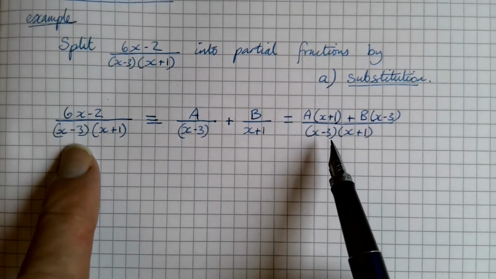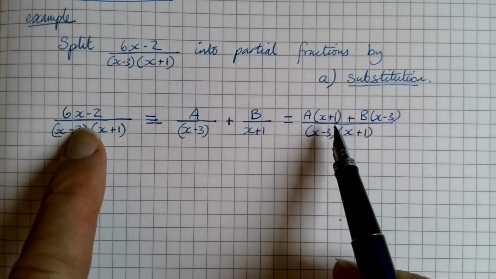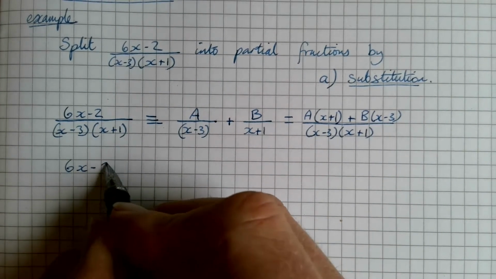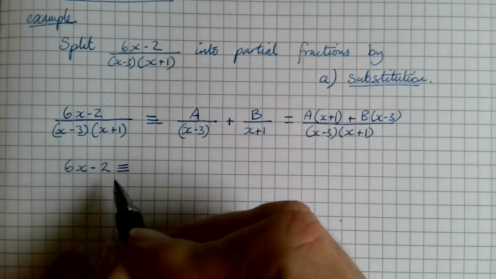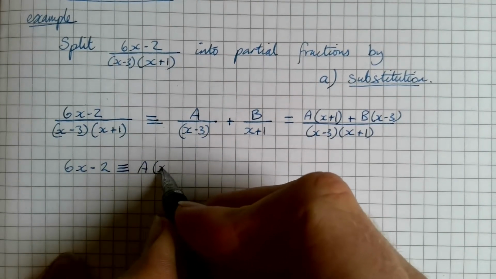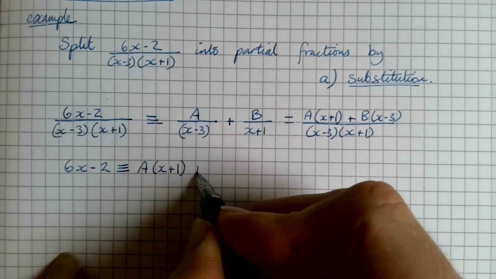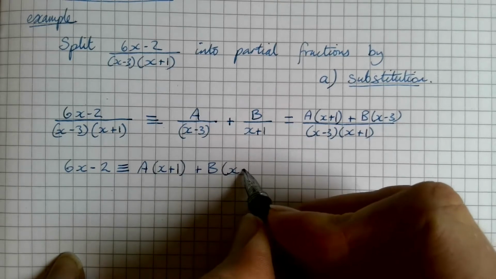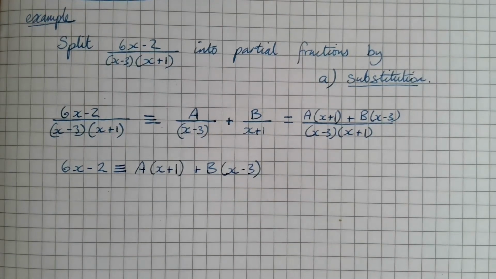If you look from there to there, the denominator's the same, which means we can say that 6x - 2 is identical to a number times (x + 1) plus another number times (x - 3).